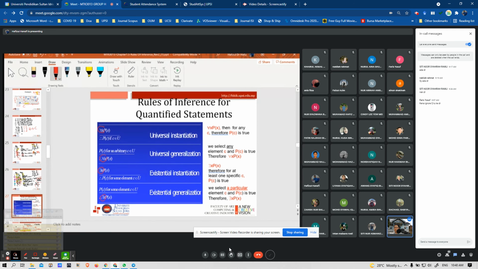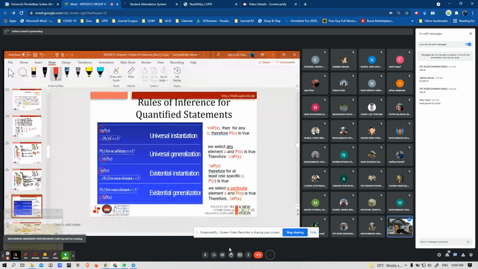And then for the existential instantiation, we have at least one specific C whereby P(C) is true. This is the rules for quantified statements, we have four.